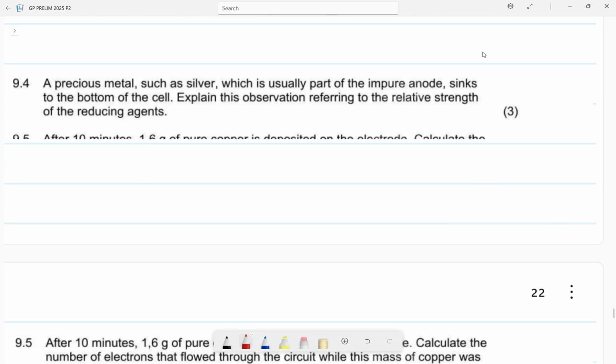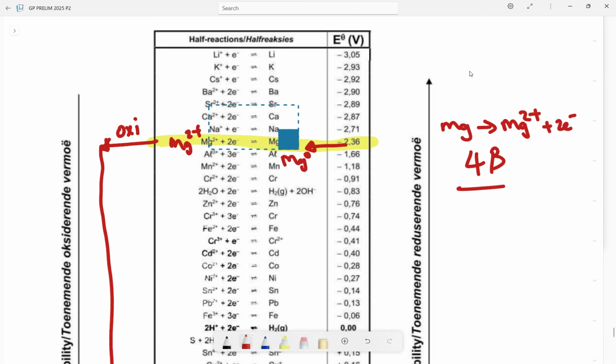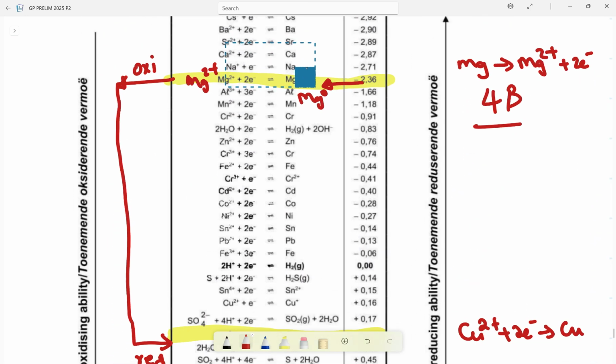This is what we saw from my analysis of my table 4B, when I use my C method. So Mg forming, you don't write it like this. It's accepted, but it's weird, guys. Just write it from here to there. Just know it is Mg, then to Mg2 plus.